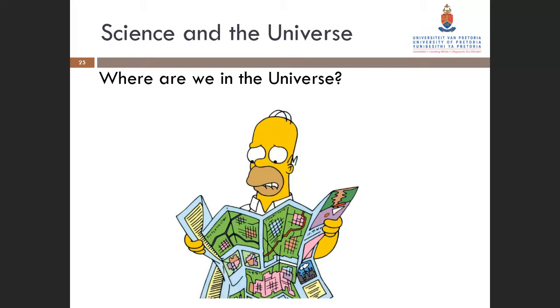What do you guys think is the name of our solar system? Yes, correct. We are the Sol system, so S-O-L. And the Sol system is in the Milky Way galaxy. Andromeda is the other closest galaxy to us.